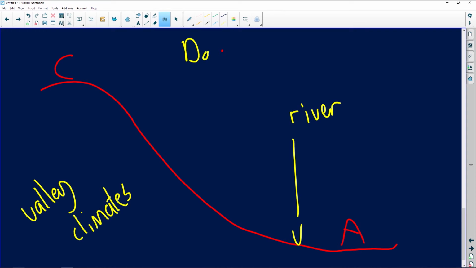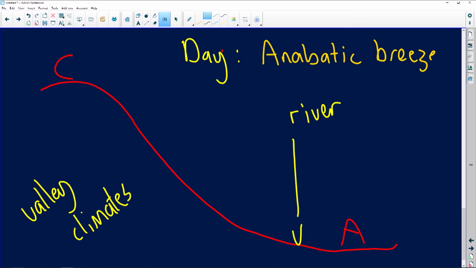During the day, we experience Catabatic breezes. Excuse me, that's anabatic. Anabatic breezes. Absolutely love this question because they're bringing the settlement questions to climate.